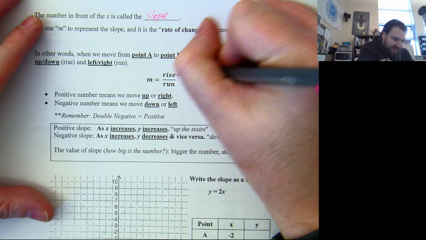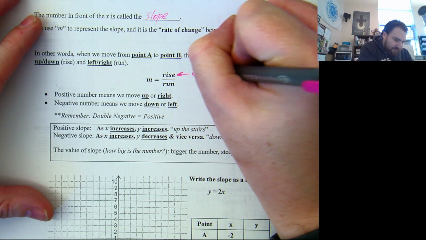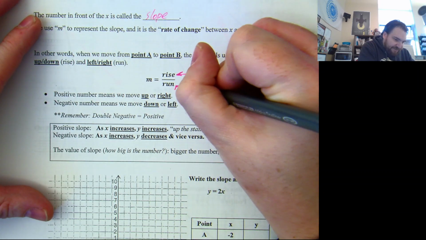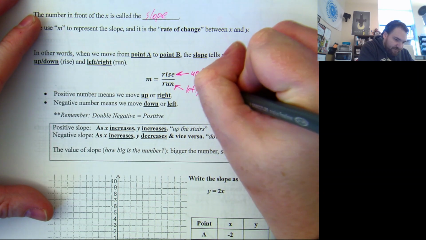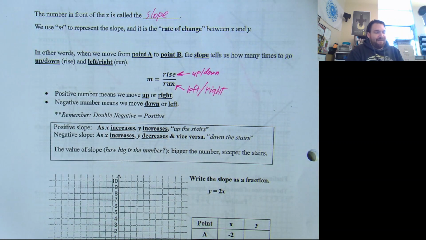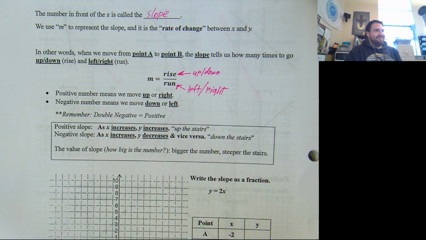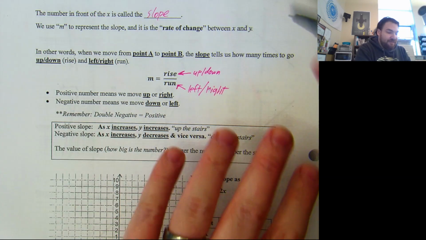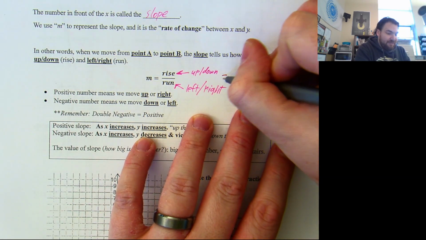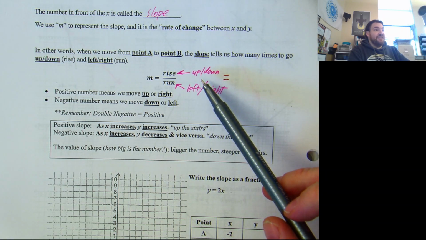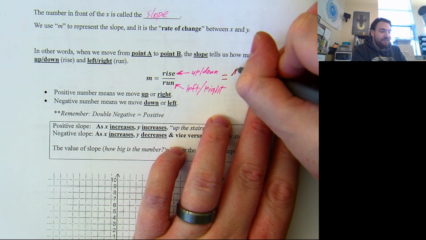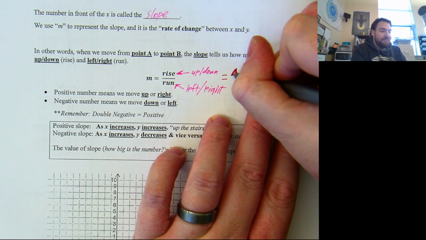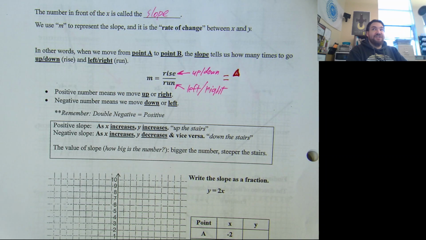So this number here is the up, down. This number here is the left, right. When we were looking at a table of values, if I want to talk about the up and downness, up and down is a change in X or Y?